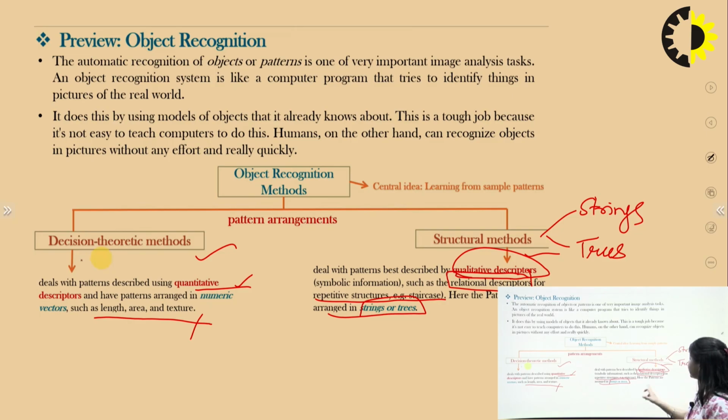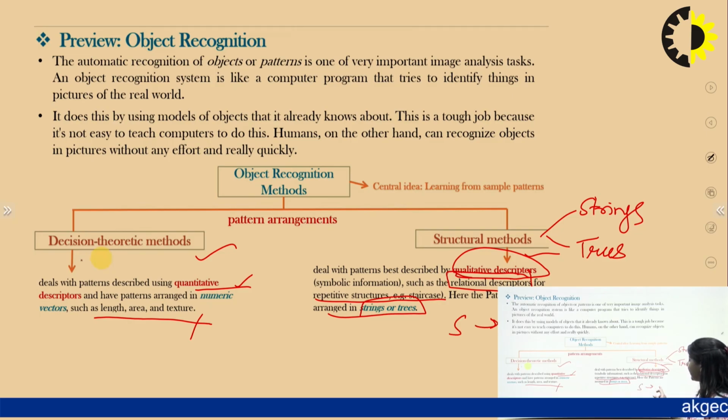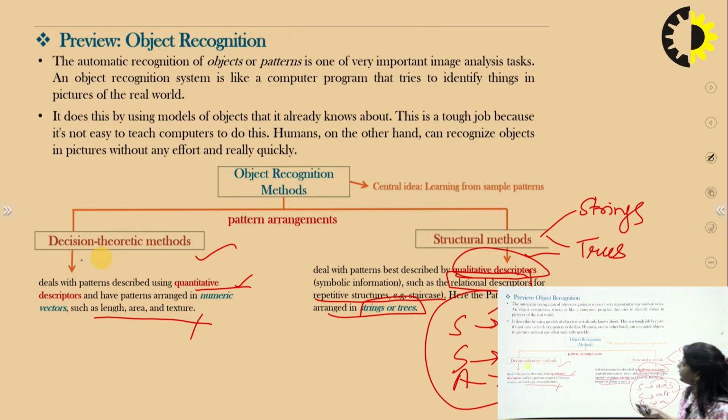What is a string? A string is like S tends to aS, S tends to a. We already learned this kind of pattern. So this is the kind of string. This method considers the string based method and tree based method to describe the image patterns.